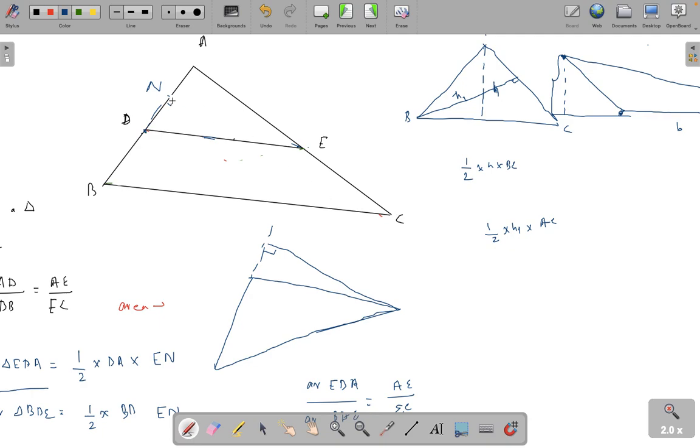So one triangle you already have, right? Then you create one more triangle like this. Okay. Then what is the next step?